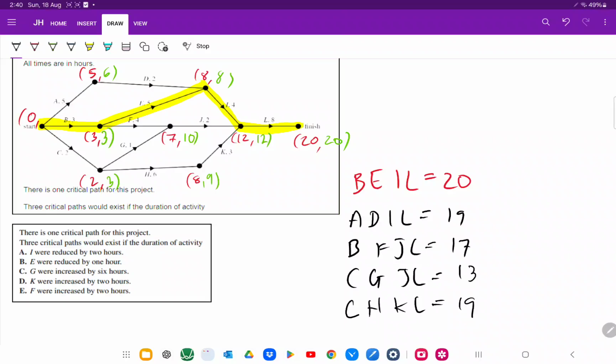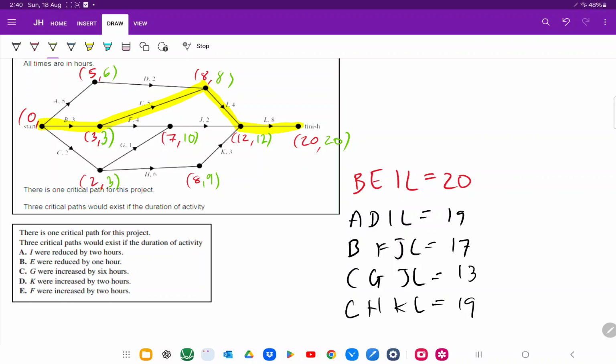So you can see with this one here, even though it doesn't talk about crashing, it still involves the skill of looking at which paths can be manipulated so that it can maximize the efficiency. So let's look at each option. I is going to be reduced by 2 hours.